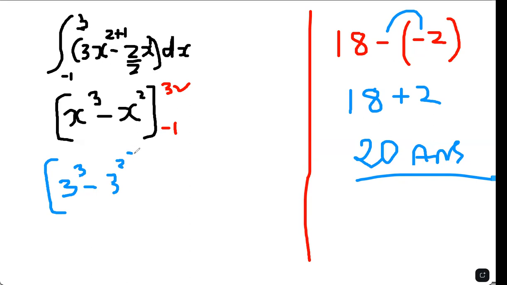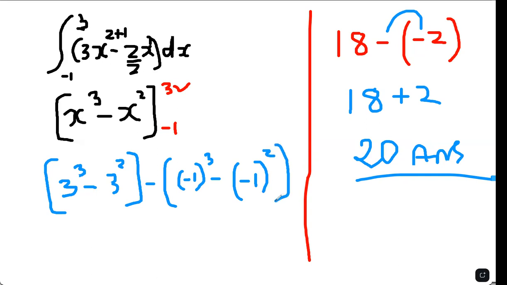Then we close the bracket, minus the lower limit, which is -1. This -1 is being multiplied 3 times, minus our lower limit again being substituted by a -1 which is being multiplied 2 times.